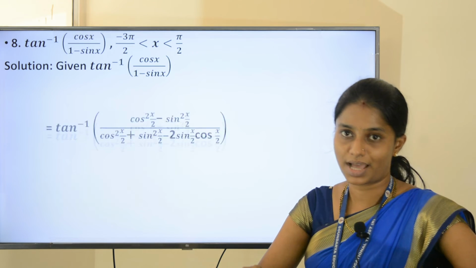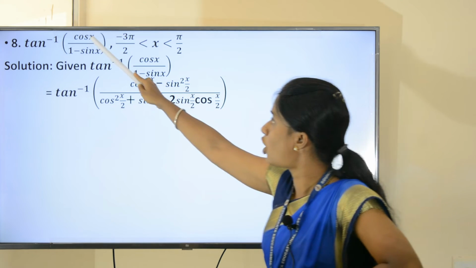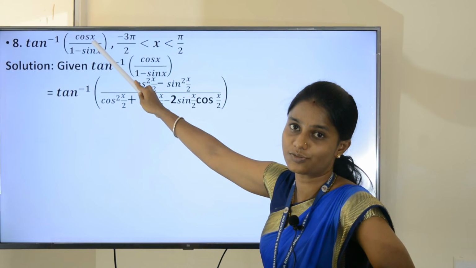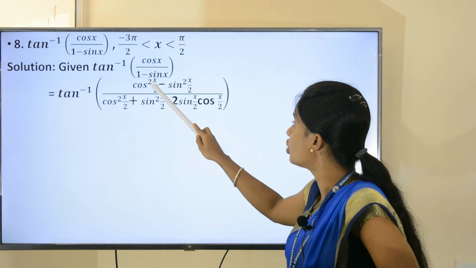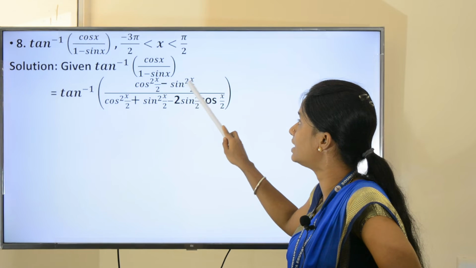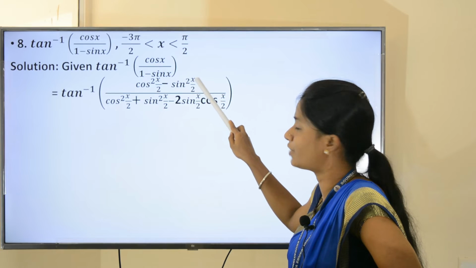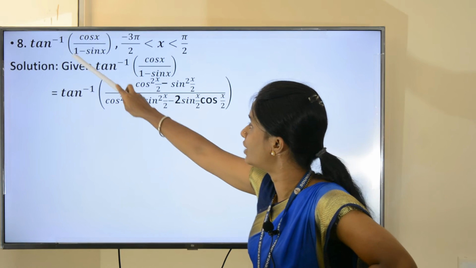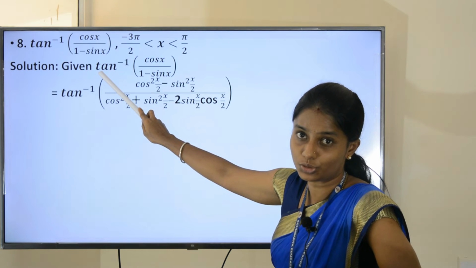So how can we apply the formulae? Here, students, I have taken the cos 2x formula. So cos x is cos square x by 2 minus sin square x by 2. If I take the angle in terms of x by 2, I have to change the entire denominator also. Angle should be in terms of x by 2 only.